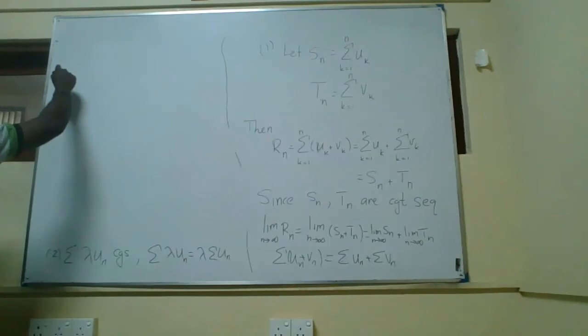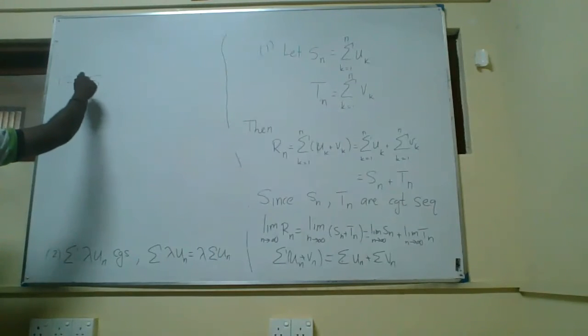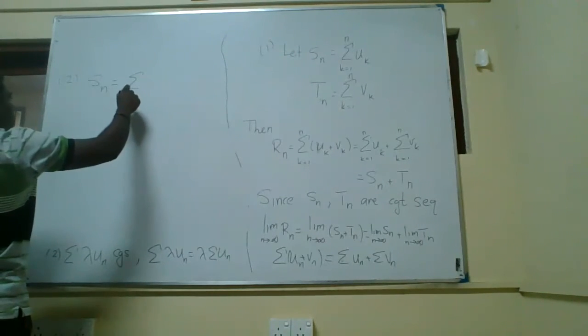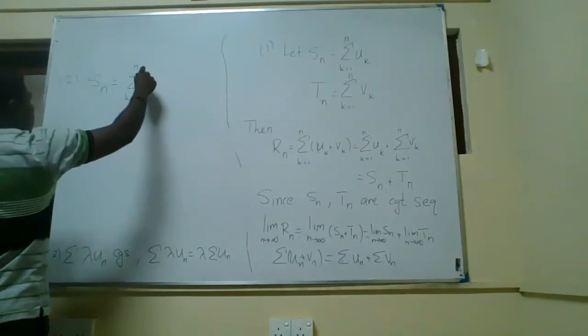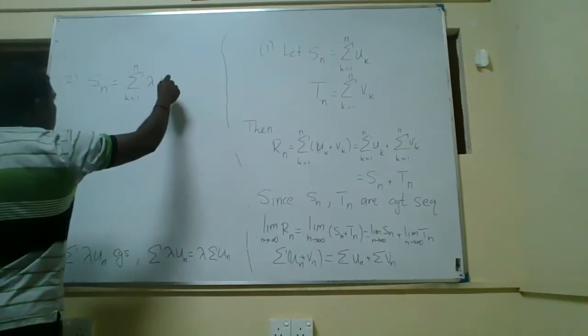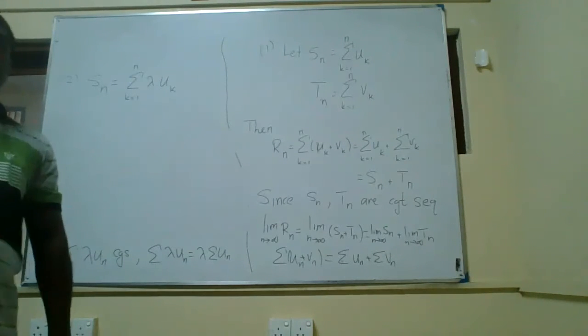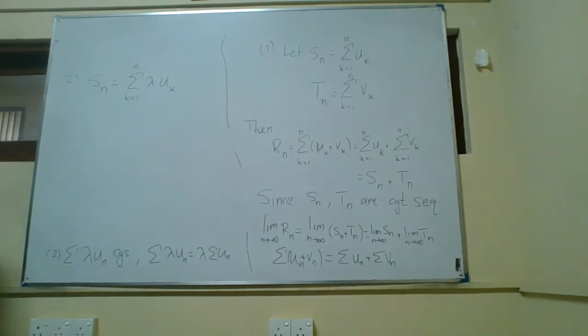I can use Sn again, so Sn be summation of k equal to 1 to n of lambda times uk. Let this be my partial sum for the second result, because my second series is summation of lambda times un. So in this partial sum, you will have a lambda.